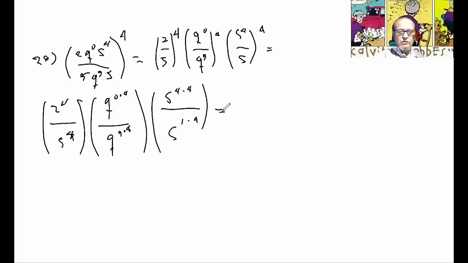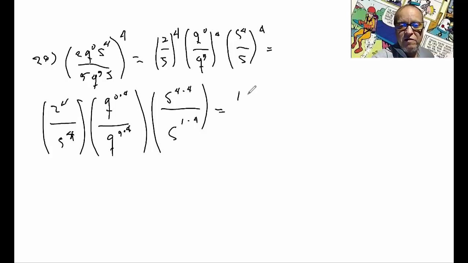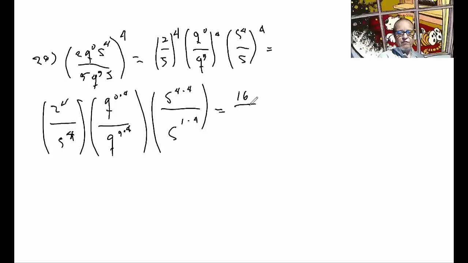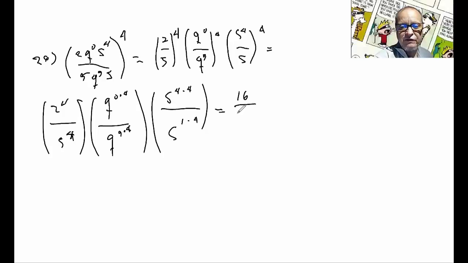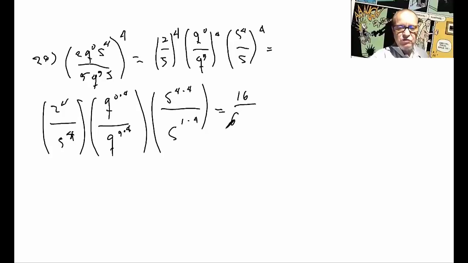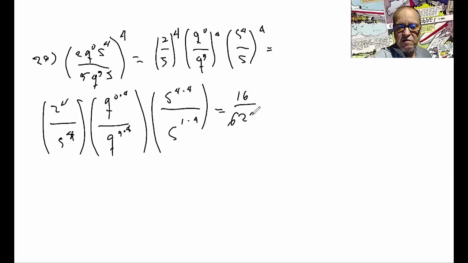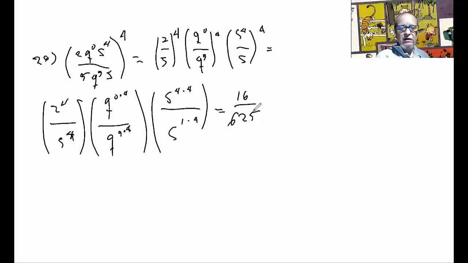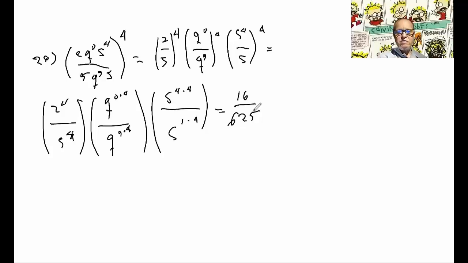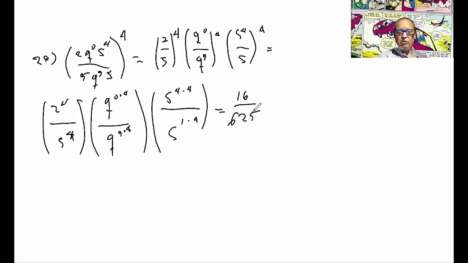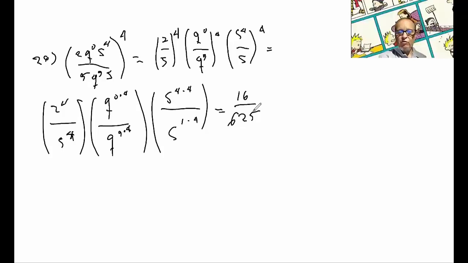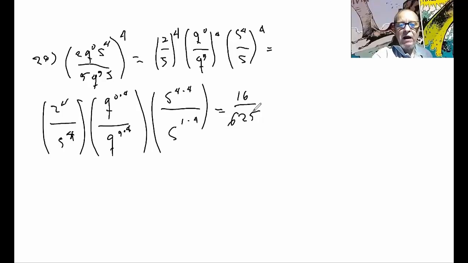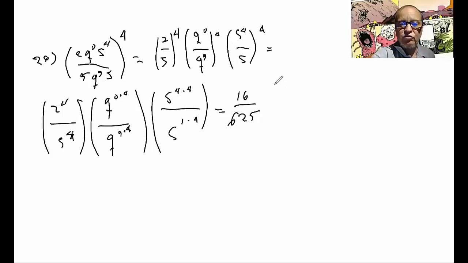So I have 2 to the 4, that gives me 16. And on the bottom, 5 to the 4th power turns out to be 625. And then q to the 0, well, that's 0 times 4 is 0. And remember what I said, that anything to the 0 power is equal to 1.